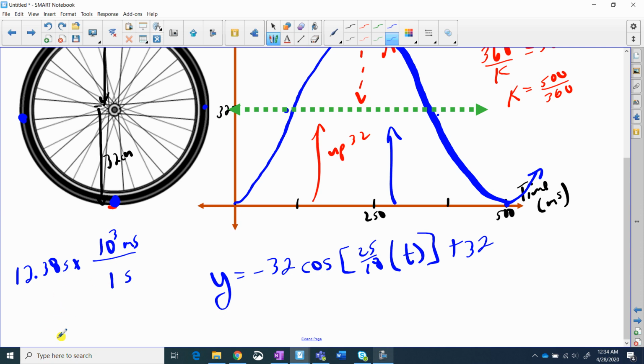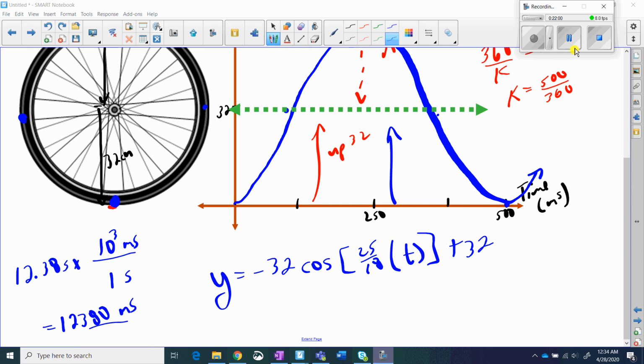So now it's going to be 12,380 milliseconds in 12.38 seconds. That 12,380 milliseconds is going in here for T.